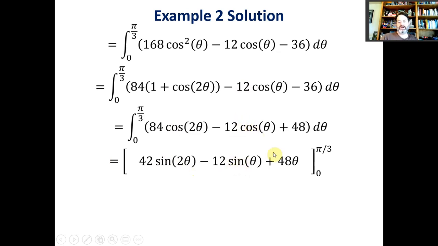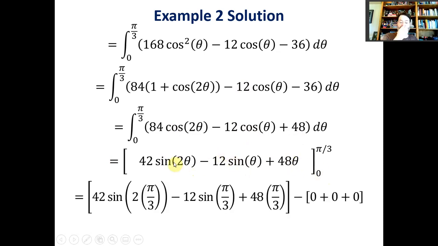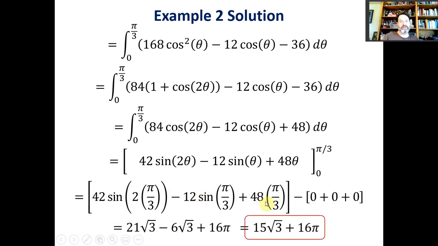The antiderivative of cosine is sine, and the 48 becomes a 48 theta. When we plug in 0, all of these are 0 because they're all sines, so that's nice. And then you plug in pi over 3. And you get 21 radical 3 here, negative 6 radical 3 here, and 16 pi here. Combine it and simplify it, and you're done.